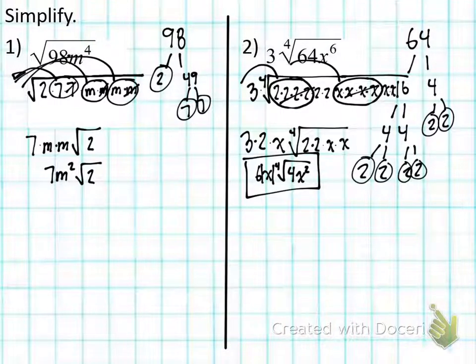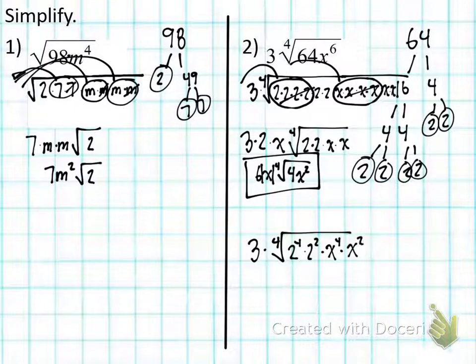Okay. So instead of writing all that out, I could have written this instead: 3 times the 4th root of x to the, I need groups of 4, so I could have written 2 to the 4th times 2 squared times x to the 4th times x squared. So I would have grouped my x's and my 2's together.